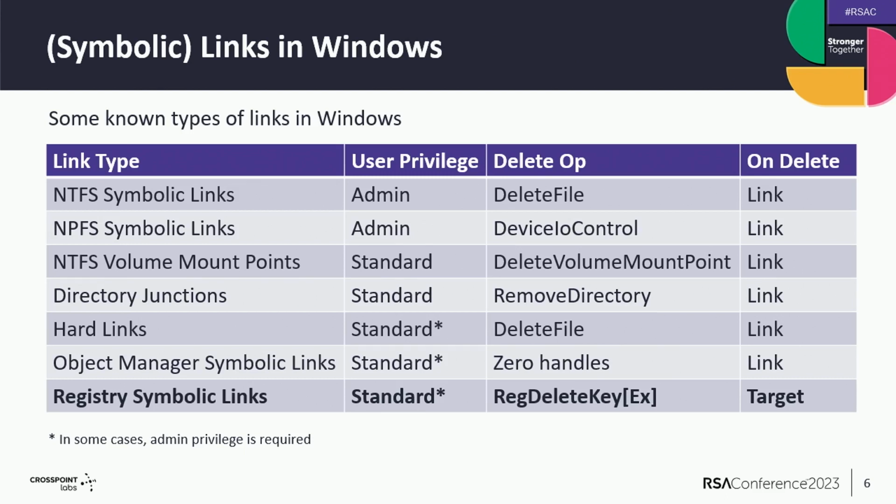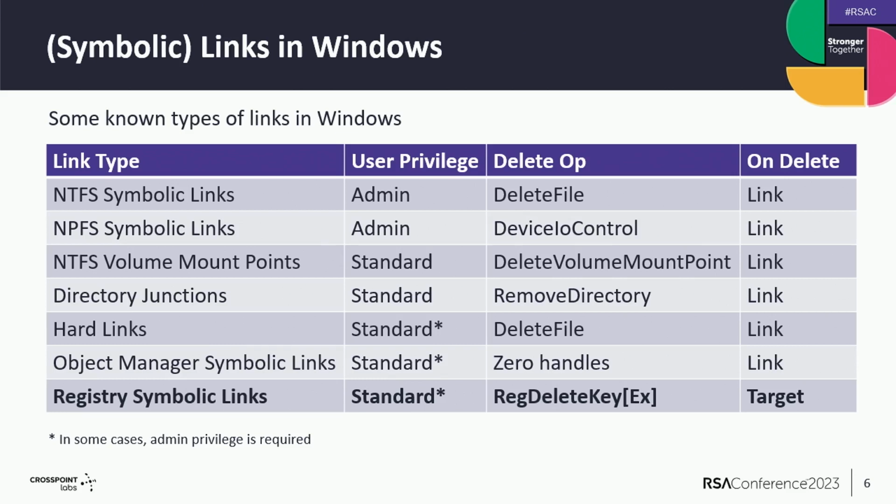But the exception to that is the registry symbolic links at the bottom here. For those, you only need to be a standard user, not admin, to be able to create that type of link, unless you are trying to create the link at a registry location that the standard user does not have write access to. But the interesting bit about those links is that if you try to delete the link using the common Win32 APIs like RegDeleteKey, the target will be deleted rather than the link.